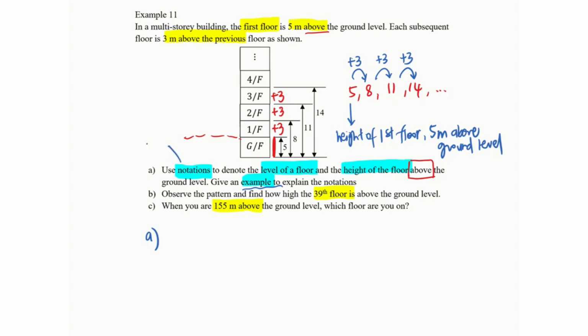A type of notation will be Tn. Give an example to explain your notation. So to define the notation, we have to let term n be the height of the nth floor above ground level.